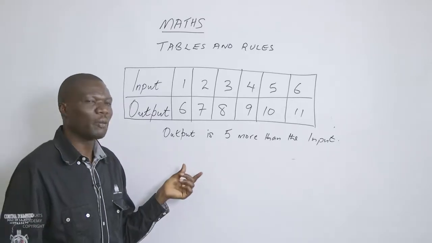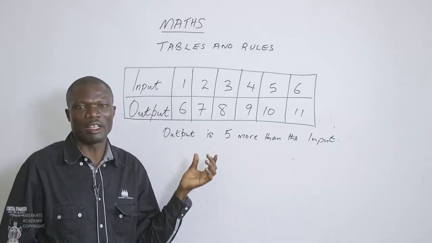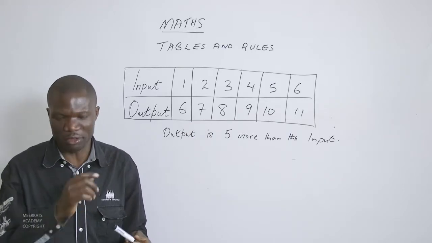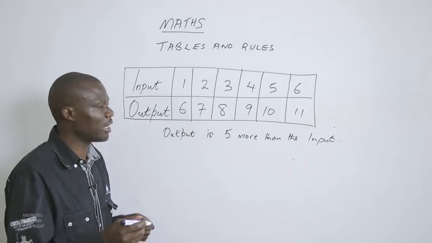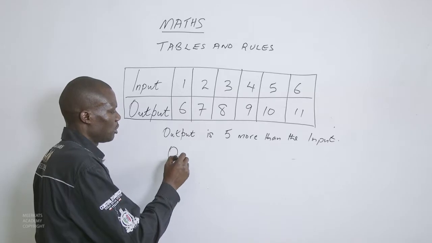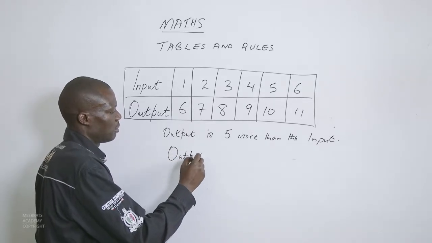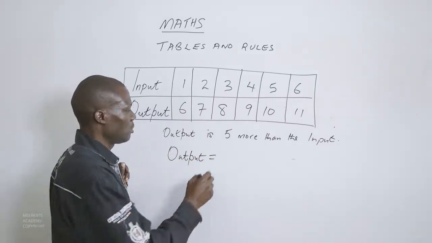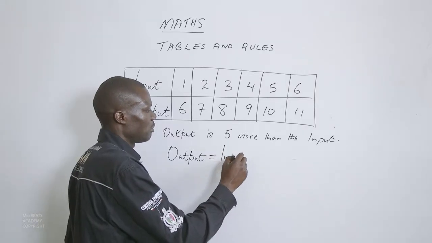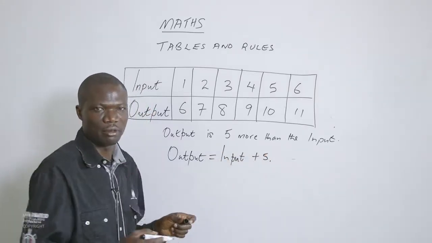So what rule are you discovering by inspecting this table of values? The rule here is that output is equals to input plus 5.